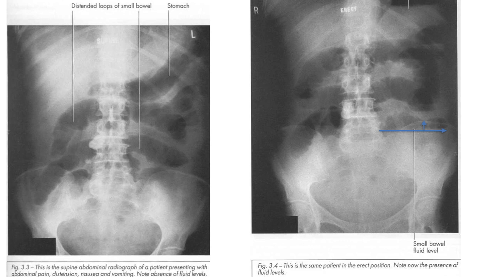The ultrasound can give you the exact diagnosis in case we have a mechanical obstruction. In paralytic ileus, because of the amount of gas in the abdomen, the ultrasound is useless, but in case of mechanical obstruction it can be very, very helpful.